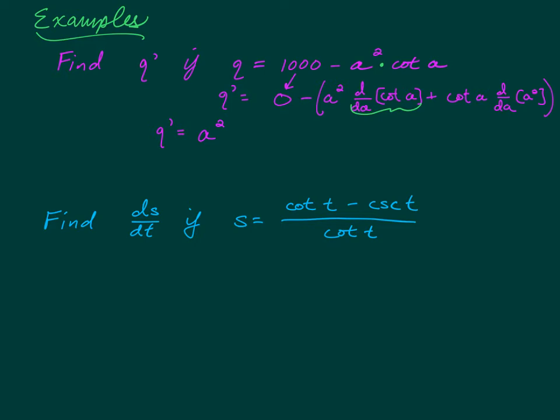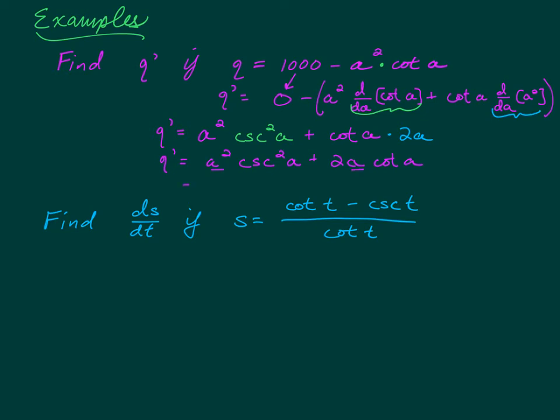This is cosecant squared a plus cotangent a, and the derivative of a squared is 2a. So with some quick rearranging, you can see that there is an a in common in both terms, here and here.